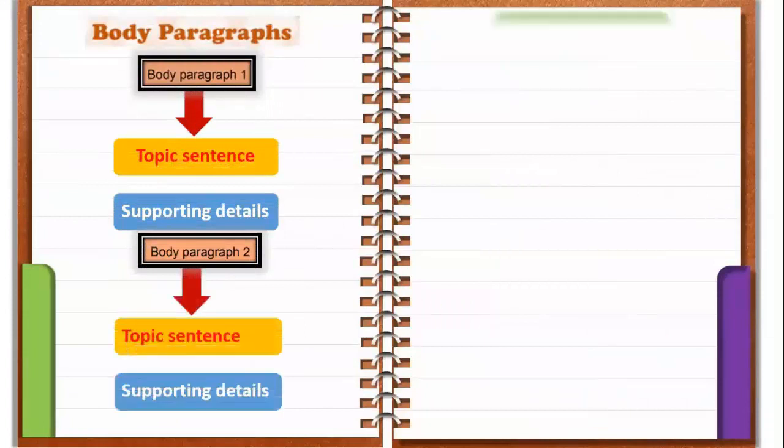Yes, the most important point, my dear students, if you want to write body one and body two, or paragraph one and paragraph two, you must use connectors to connect the sentences together. Okay? Connectors like what? Like first, second, then, finally, and so on.